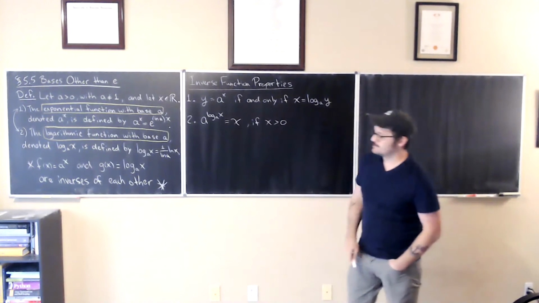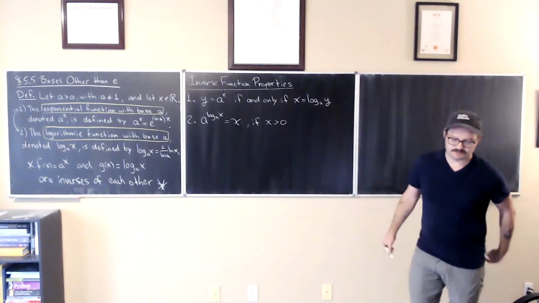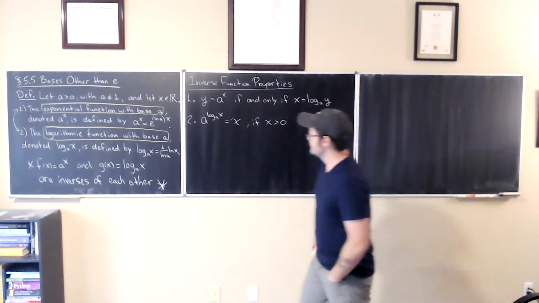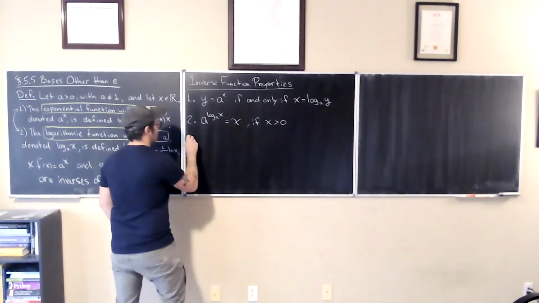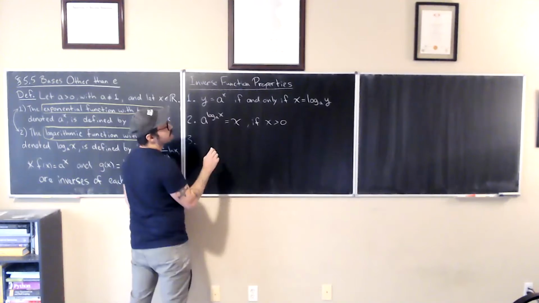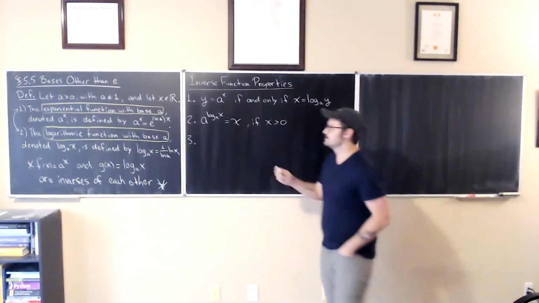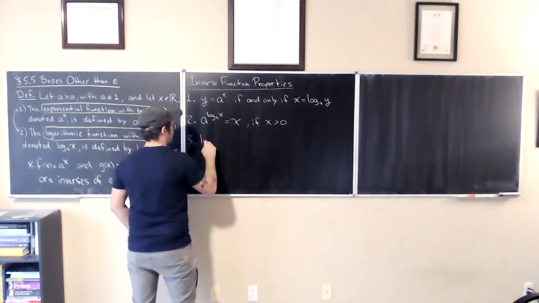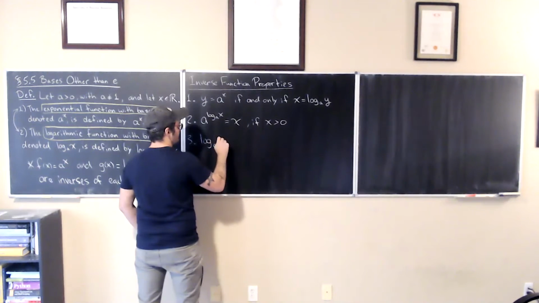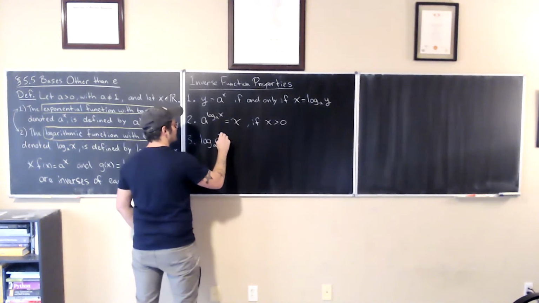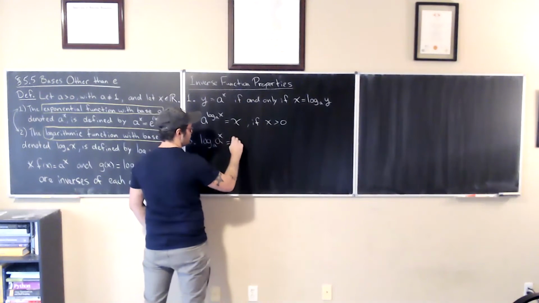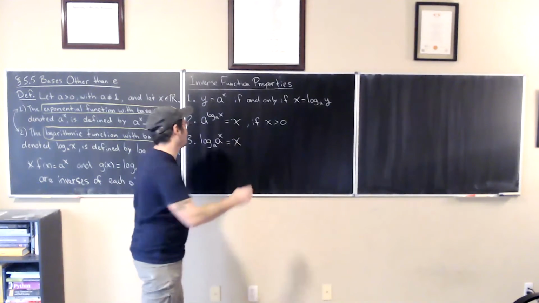And again, this is just standard properties that you might have seen before. Also, if we have log base a of a to the power x, using the exponent rule, this is just going to be x. And this is for all x.